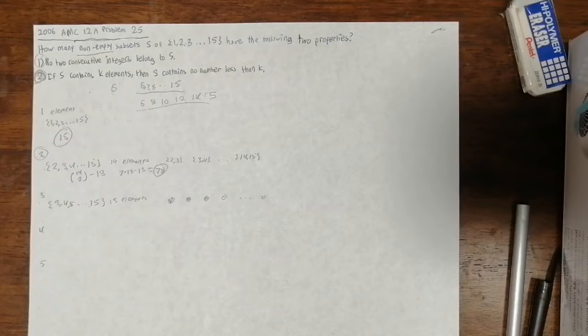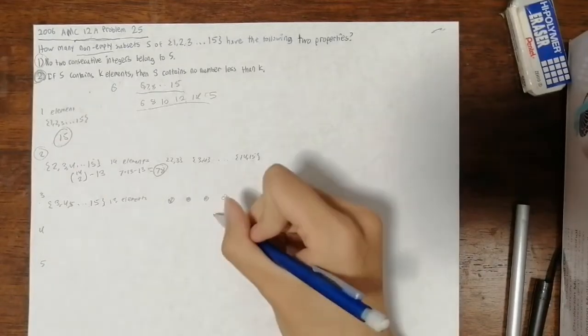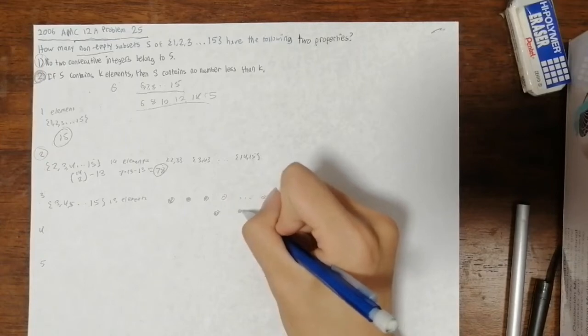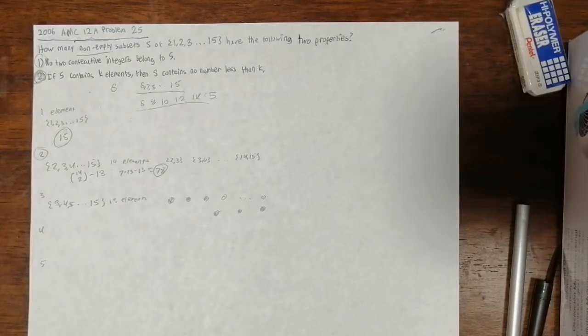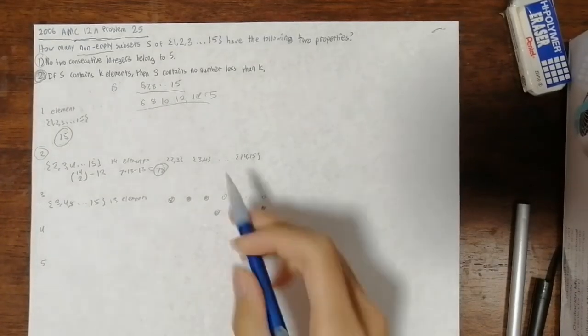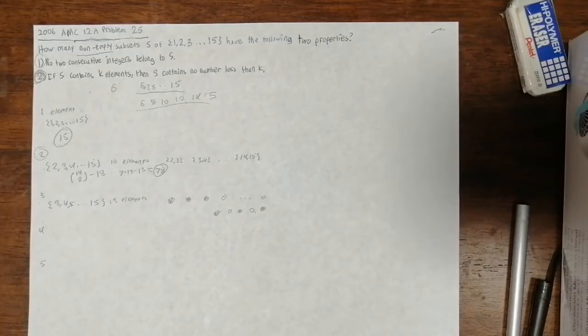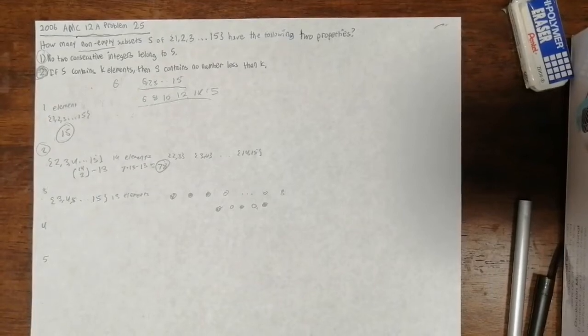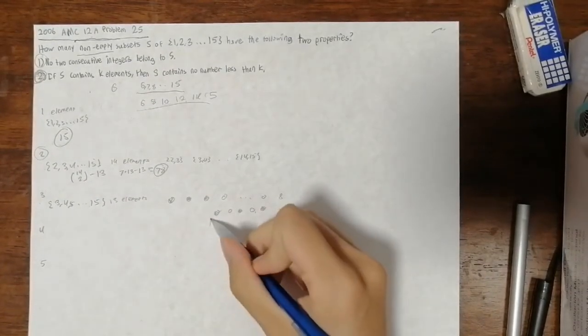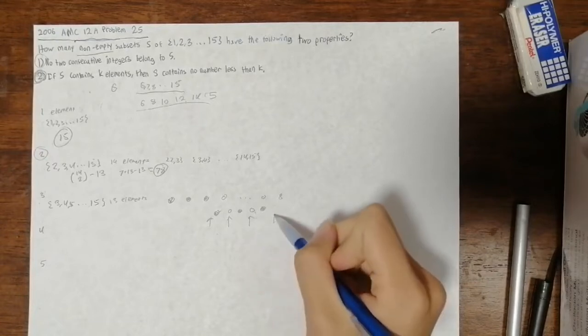To guarantee that they're not consecutive, we have to add one of these balls between each pair of chosen elements, like this. Now this takes up 5 of the balls, so we have 8 left. So now we just have to figure out the number of ways to put these 8 remaining balls either here, here, here, or here.